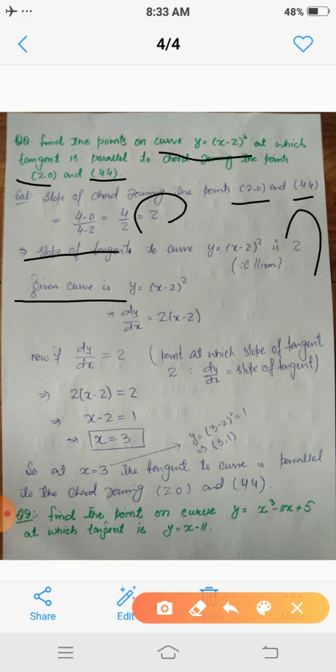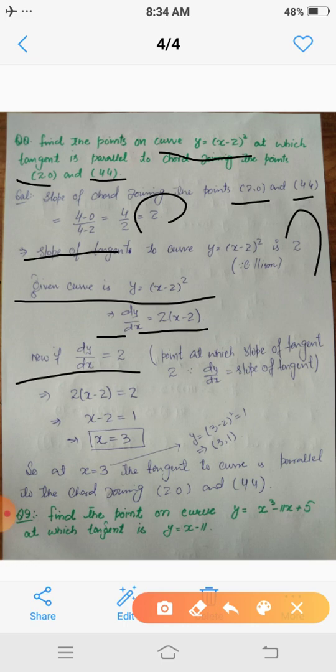Now the given curve is y equals (x minus 2) whole square. The slope of the tangent at any point (x, y) on this curve is given by dy by dx, which is 2 into (x minus 2). The points at which the slope of the tangent equals 2 are given by dy by dx equals 2.